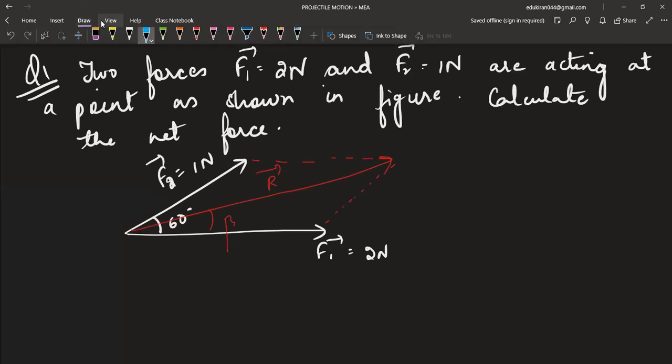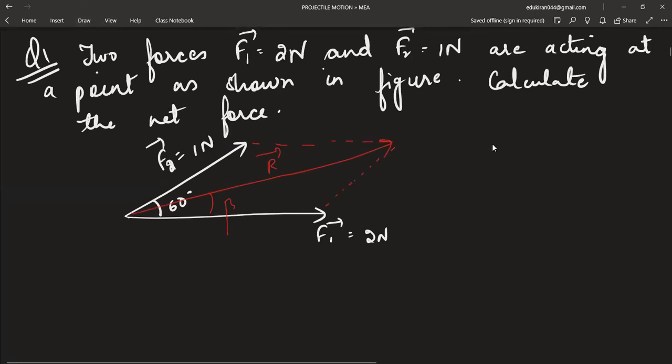Now, what all things do we have? One vector F1, this is 1 Newton. F2 is 1 Newton. F1 is equal to 2 Newton. F2 is equal to 1 Newton. And what is the angle between them? Between them, theta is, okay, you have got 2 root 3, Zenab.